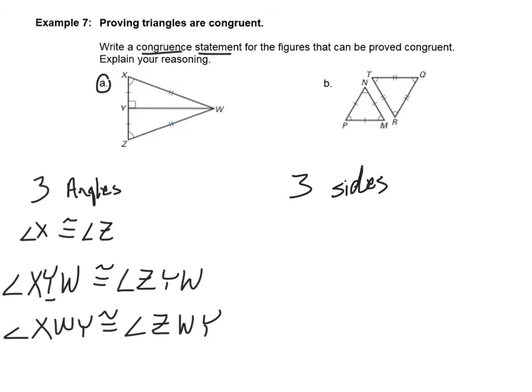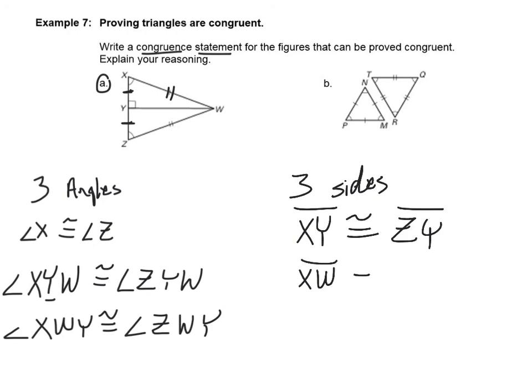Let's focus on the 3 sides. So I have XY, which is congruent to ZY. Next one, we have 2 ticks here, so I have XW, which is congruent to ZW. And lastly, we have this side down the middle.